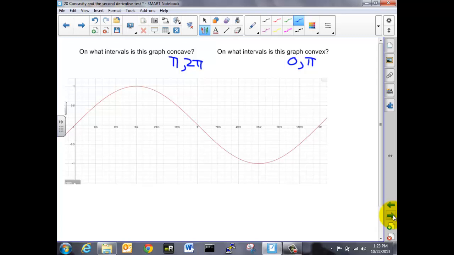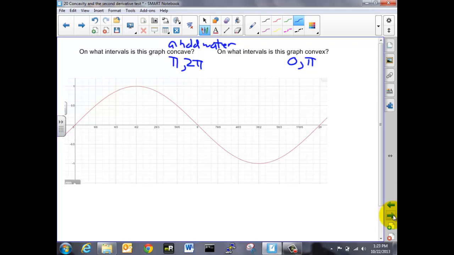Here's the way I think of it. Concave will hold water. Let's see if we can write that. If something is concave, it will hold water. If something is convex, it will not hold water.